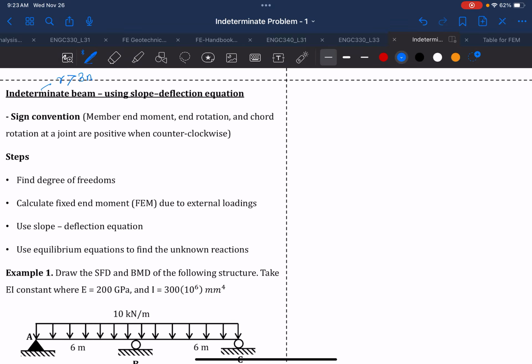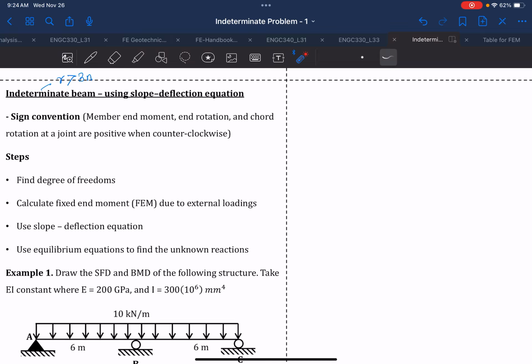So in this video, I'm going to make it clear that our sign convention is that the member end rotations or chord rotations are positive when counterclockwise. That means if you apply a moment counterclockwise at a joint, we'll take that as positive, and if it is clockwise at the joint, we'll take it as a negative value.